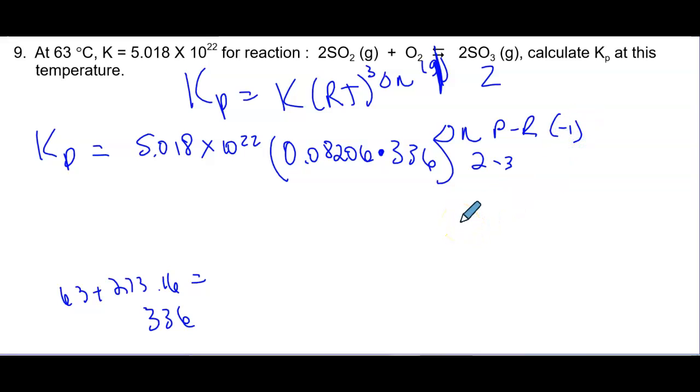So here's how I would do this on your calculator. 0.08206 times 336 raised to the negative 1 power. 0.08206 times 336. And then do the number in front, times 5.018 to the 22nd.